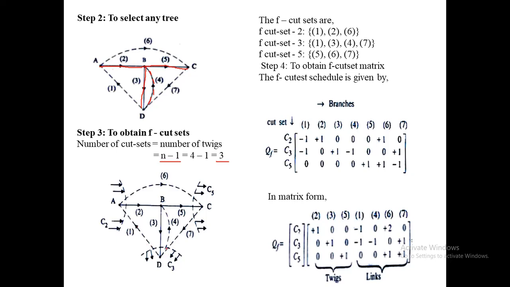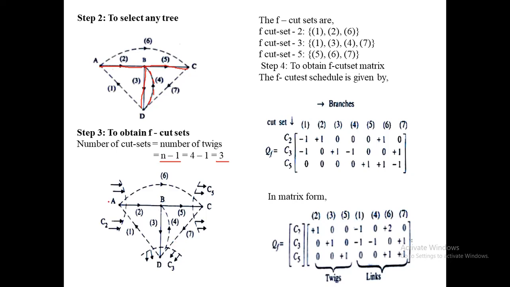Next, if you cut this graph in 3 ways, each cut should have one strong line, and the remaining any other dotted lines. Here also it should have one strong line, and no need to consider the remaining. Here also, if we cut at this node D, it should have only one strong line, the remaining being link branches.